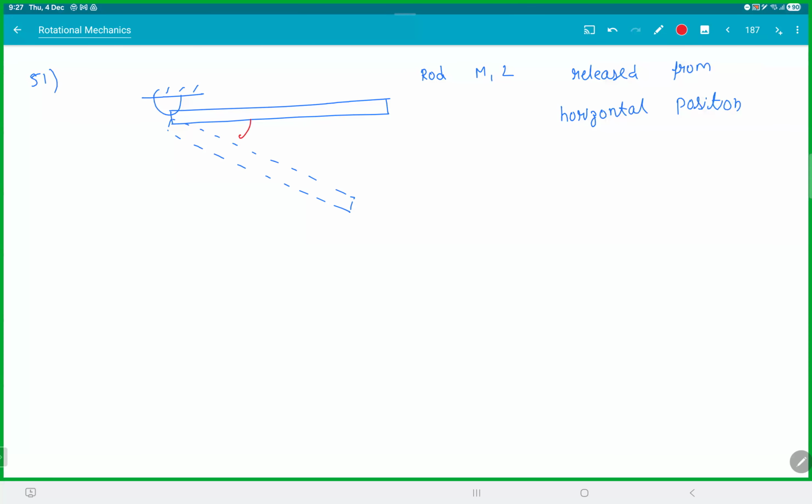So let the rod rotate by theta. At this point, it will gain some angular velocity. Find omega and the hinge reaction when the rod rotates by theta. Just omega is a mains question. If I ask you hinge reaction, it becomes an advanced one. Let's get this.